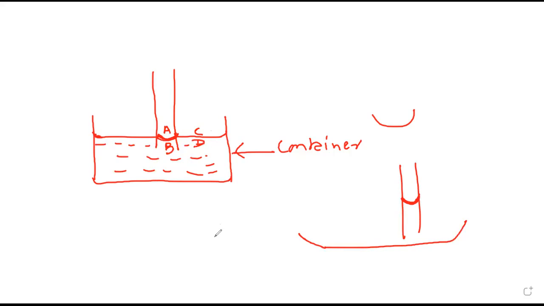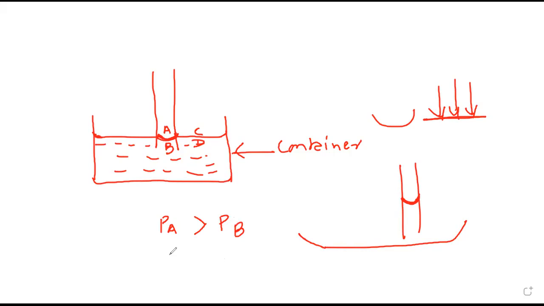C and D are 2 points close to the surface but in the container. We all know pressure on the same horizontal surface is the same. Correct? Yes, sir. So pressure at A is greater than B, we know.